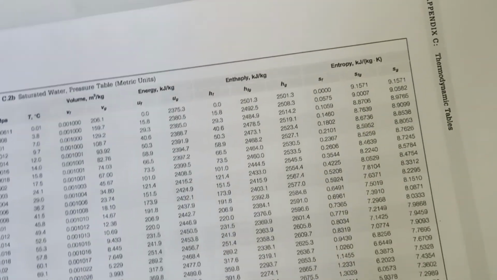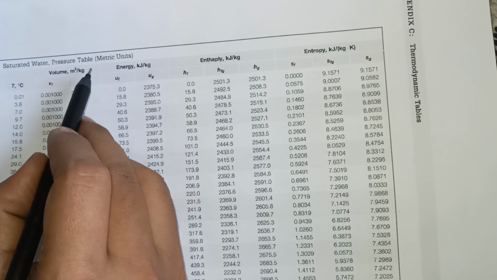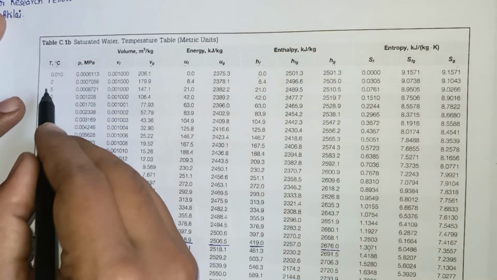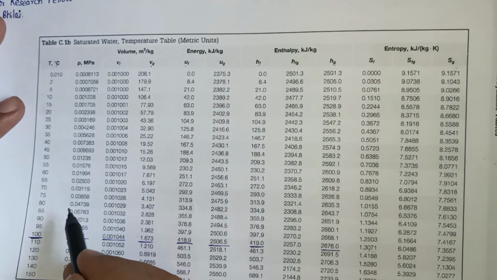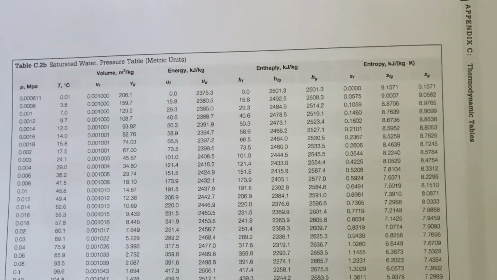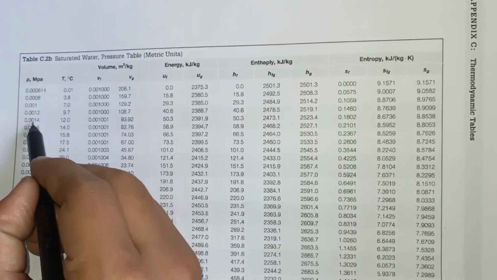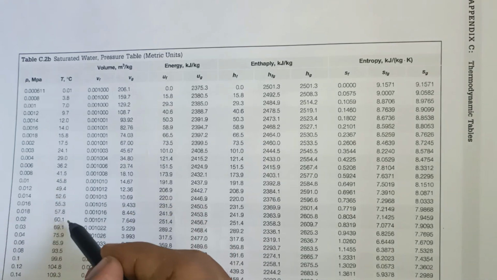Okay, and there is a saturation water pressure table also. In the saturation water temperature table, first there is the temperature, and after that the pressure in megapascal. But in the saturation water pressure table, first there is the pressure in megapascal, and after that the temperature.